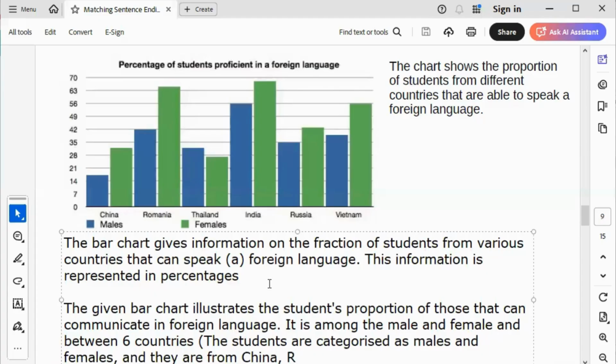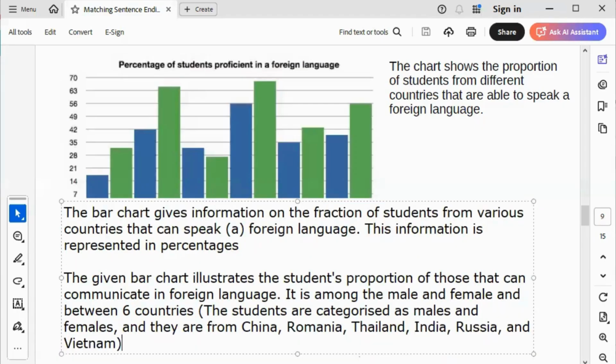So you see, I'm listing the categories, the countries. Romania, Thailand, India, Russia, and what? Vietnam. That's it. That's my addition to make that second part correct. This thing I wrote for this second part too, about the male and female and what's it called?